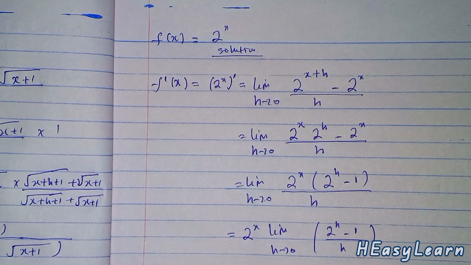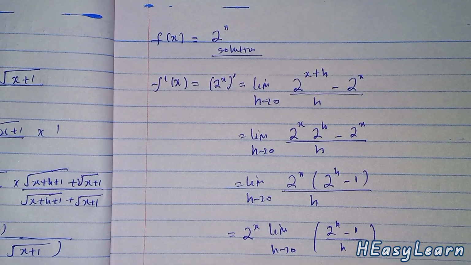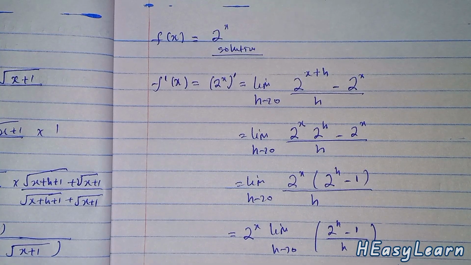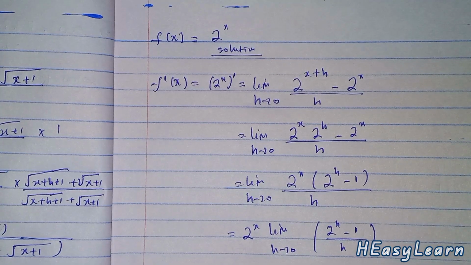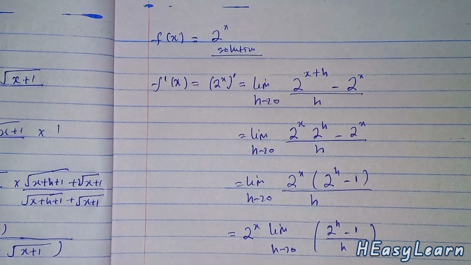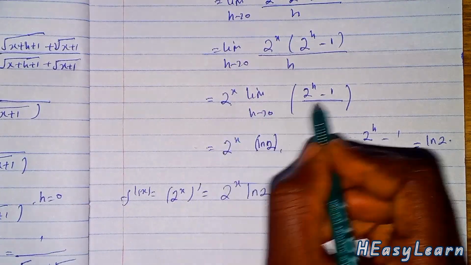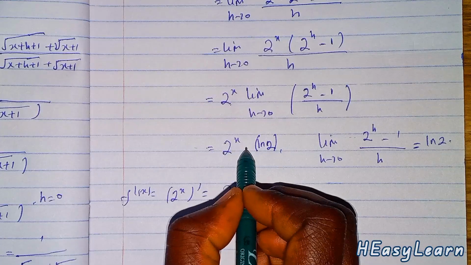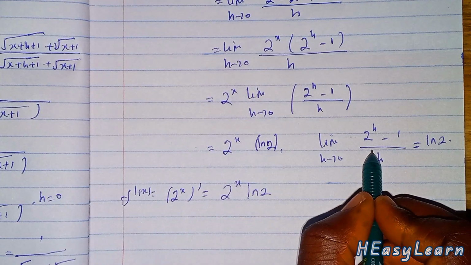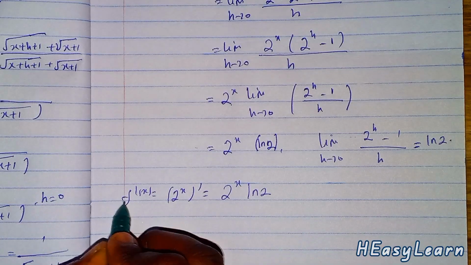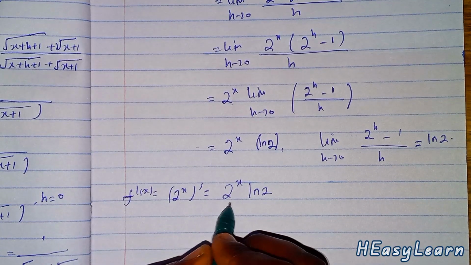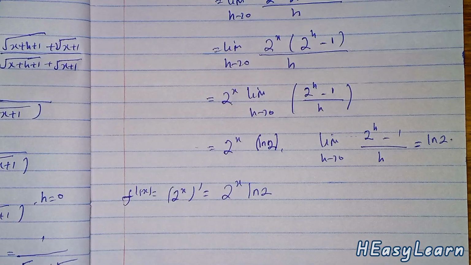This is equal to 2 to the power of x multiplied by ln 2, so the derivative of the function 2 to the power of x is equal to 2 to the power of x ln 2. So factor 2 to the power of x out. What is this limit? By definition, the derivative of the function is equal to 2 to the power of x ln 2.